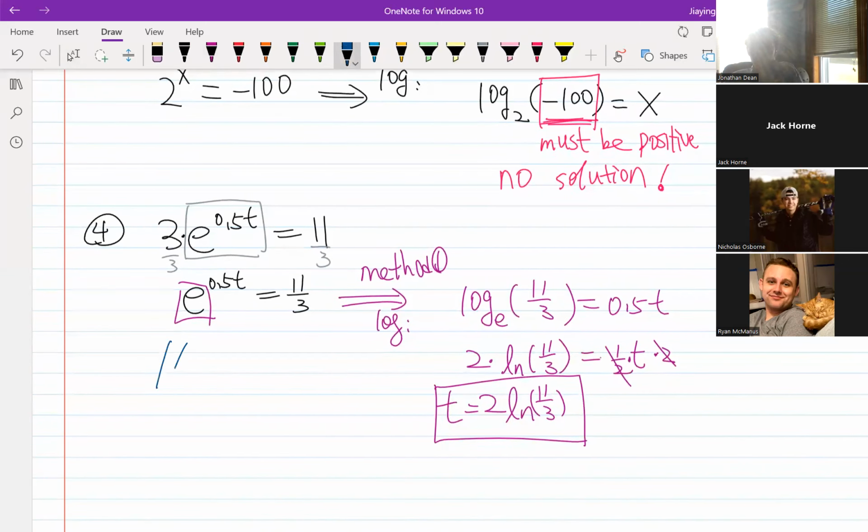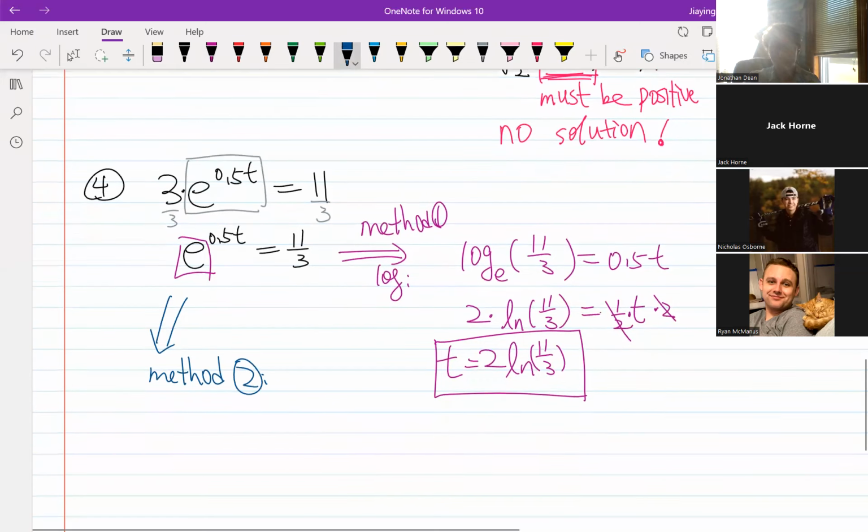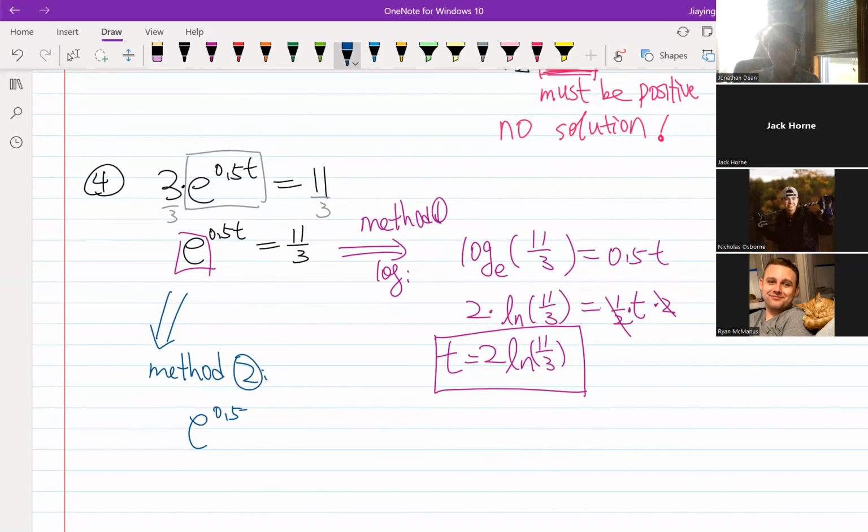Now the second way is, remember that I want to get the t out of the exponent. So here I have e raised to 0.5t equals 11 over 3. Let me just rewrite that: e to the 0.5t equals 11 over 3.